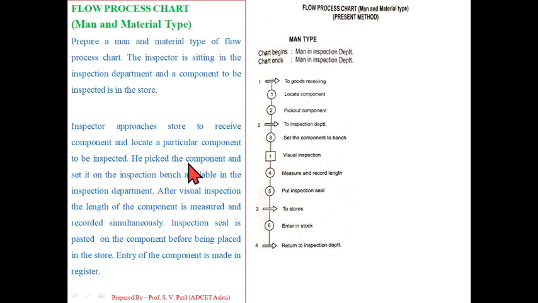He picks up the component and sets it on the inspection bench, which is available in the inspection department. So here picking up a component is the next operation. Now that inspection bench is available in the inspection department, so the inspector is supposed to travel from the store towards the inspection department.